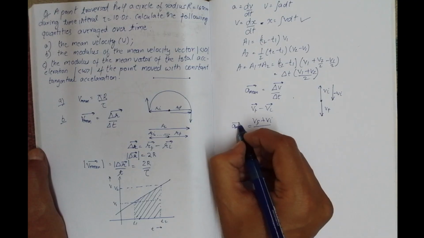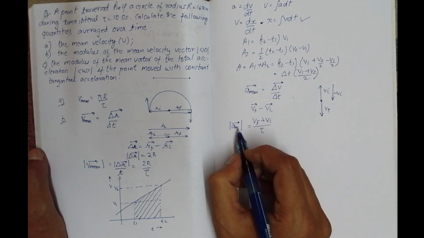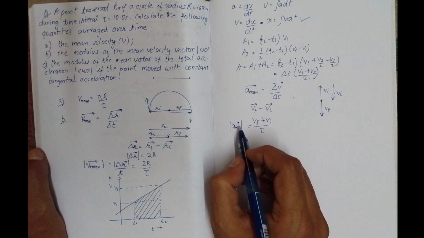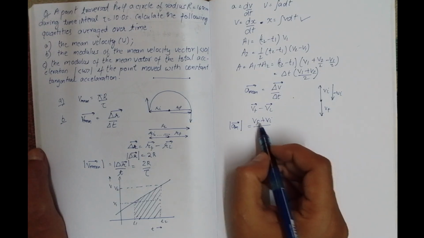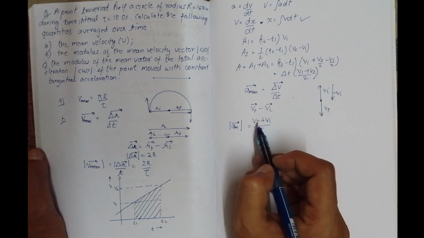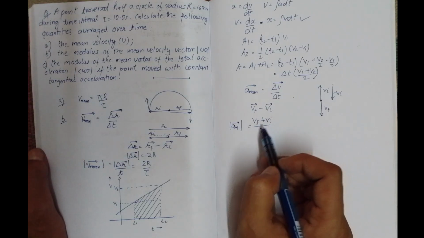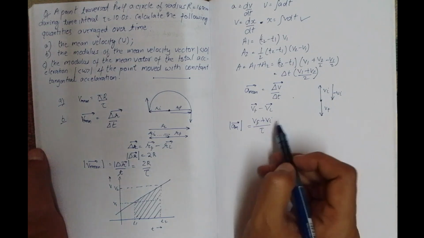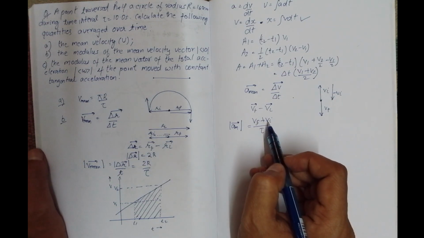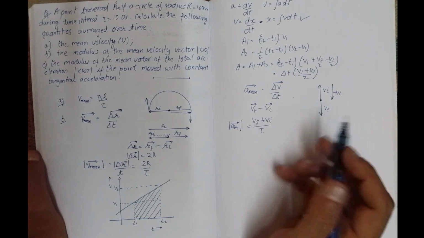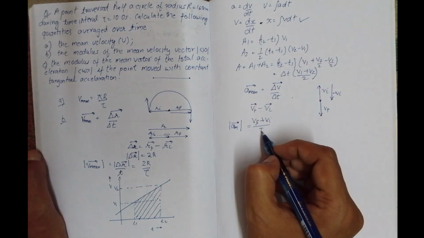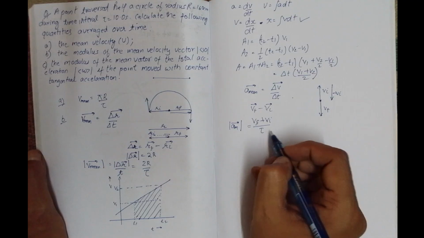I am calling this AM, the modulus of the mean vector of the total acceleration, and it will be given by this. I have explained why it is like this, right? Because the total change in velocity will be equal to VF plus VI, where VF is the final velocity and VI is the initial velocity. Why? Because VF and VI are in opposite directions, and time, tau, is the total time taken.